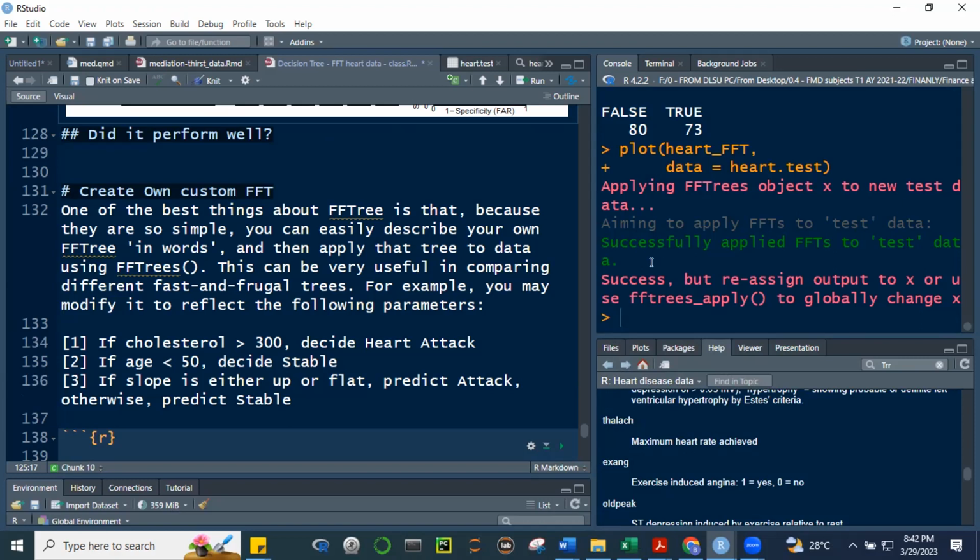Paano kung ito yung process natin? If cholesterol is greater than 300, decide heart attack. If age is less than 50, decide stable. If slope is either up or flat, predict attack. Otherwise, predict stable. Okay. How will we do this?